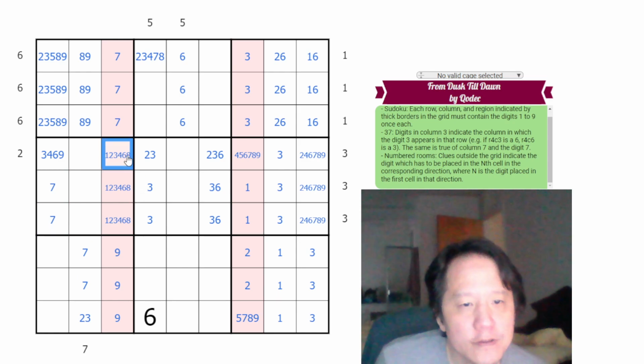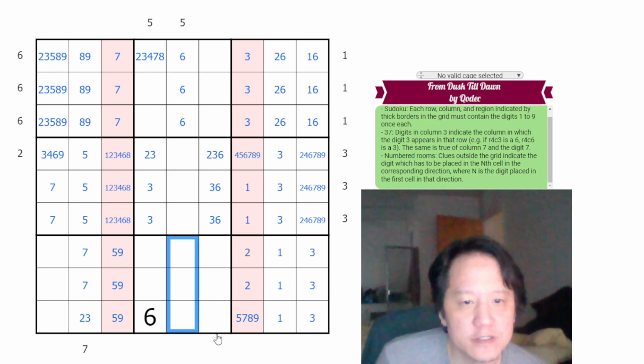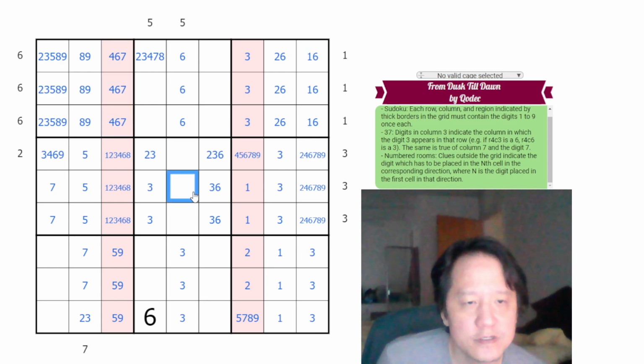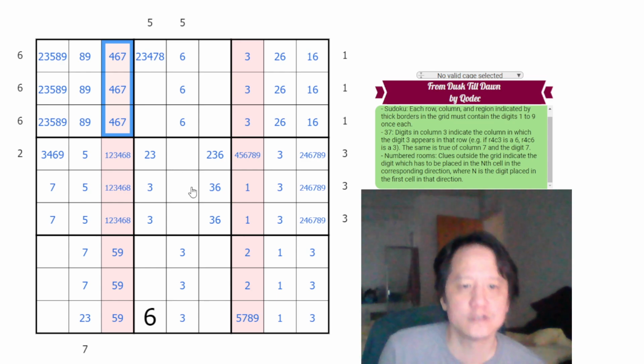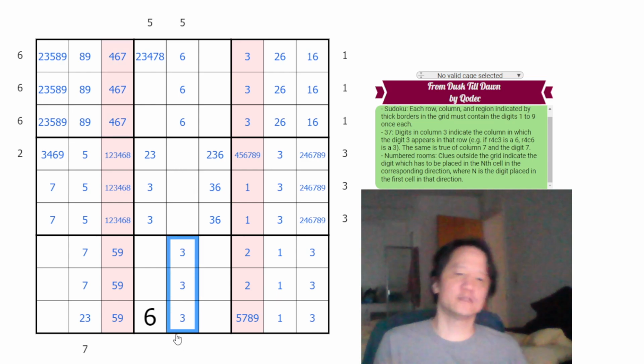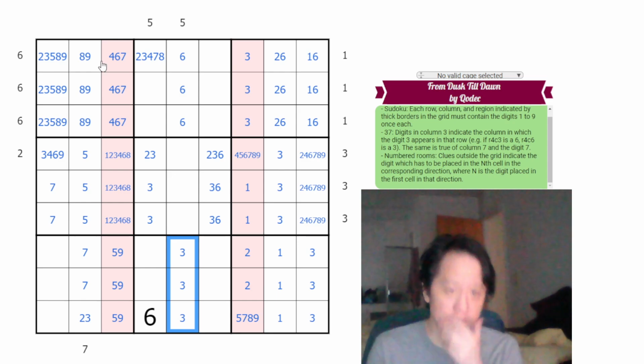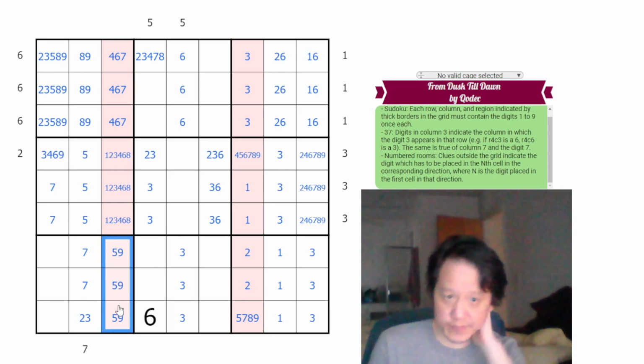Oh. This can't be 5. This can't be 5 because of that clue. This can't be 5 because of these 5. So this has to be the 5, which means this has to be 5, which means this is 3. So this is also 4 or 6. So this is 4 or 6, and this is 4 or 6. This has to be 3, and it has to have a 5 here.